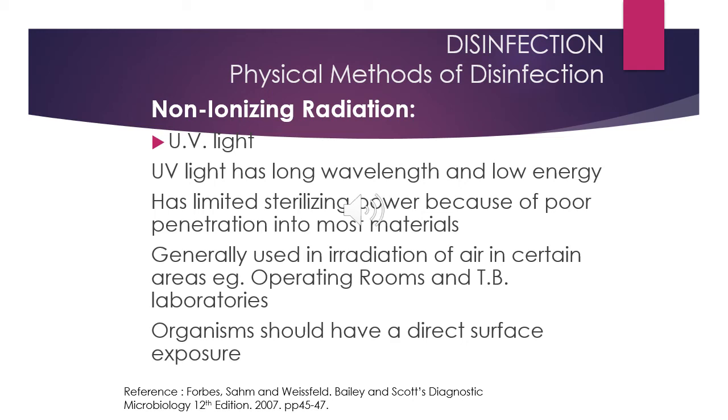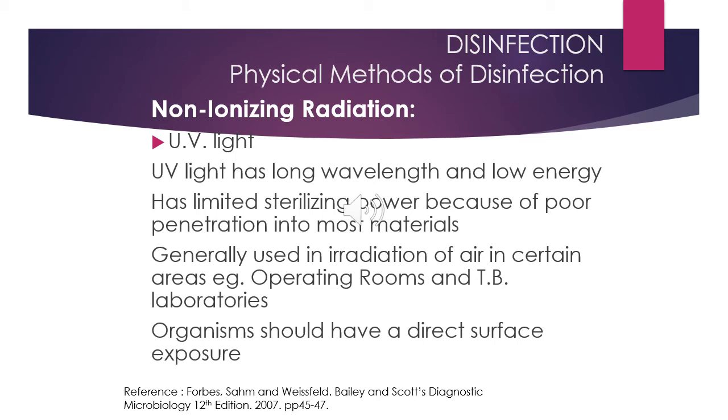Earlier, for sterilization, you use gamma. But in disinfection, you use only UV light. UV light has a long wavelength and it has low energy. It has limited sterilizing power because of poor penetration in most materials.